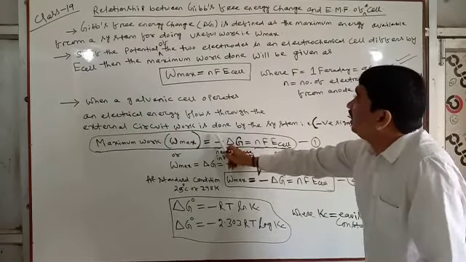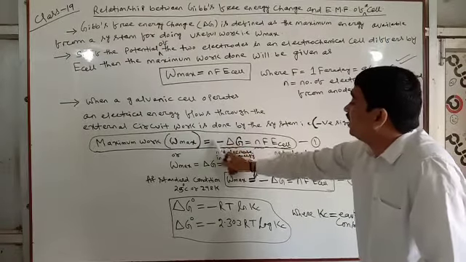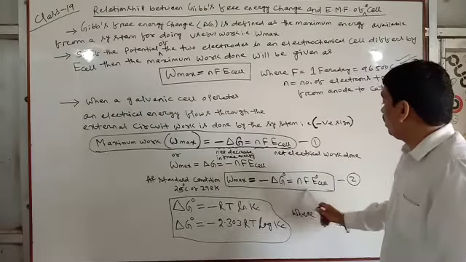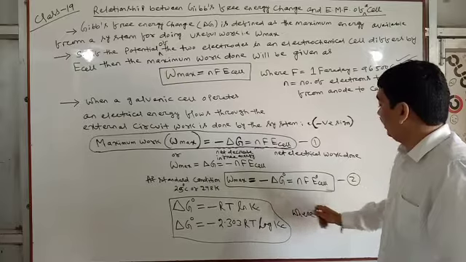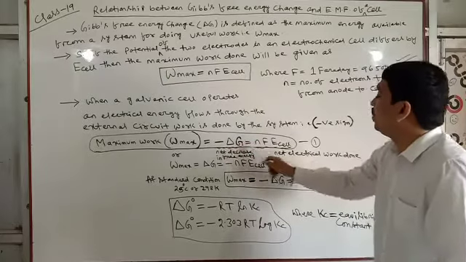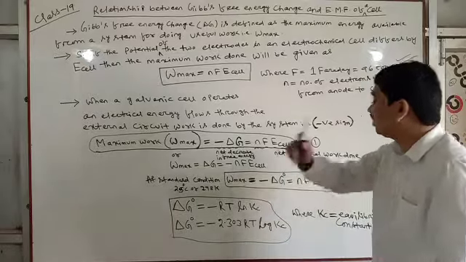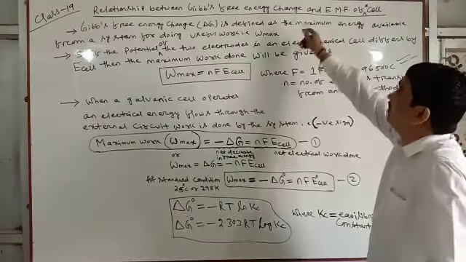The answer is minus del G equal to NF E cell, or minus del G naught equal to NF E naught cell. This is the formula.